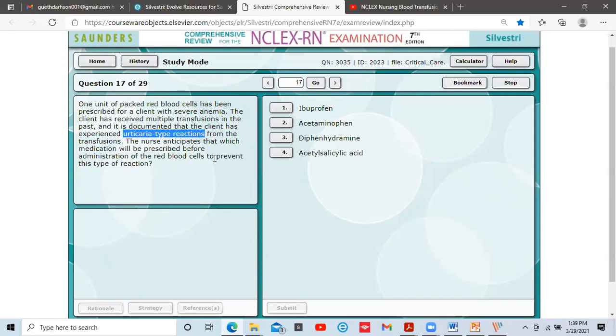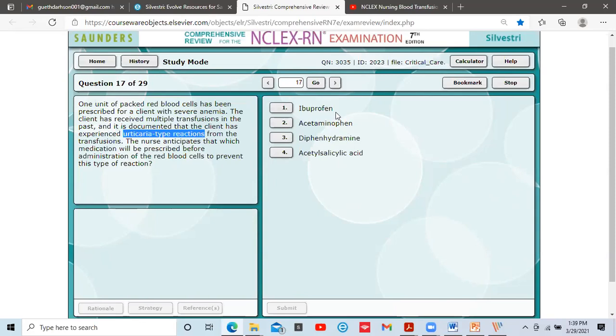Urticaria is an allergic reaction, like the patient complaining of itching all over the body, or pruritus. So you need to give them an antihistamine. Out of four, which one is the antihistamine?